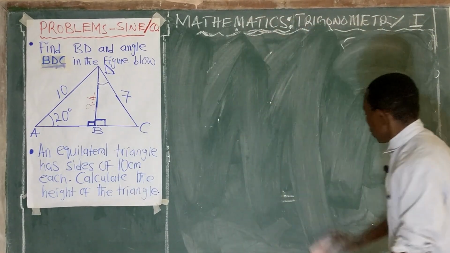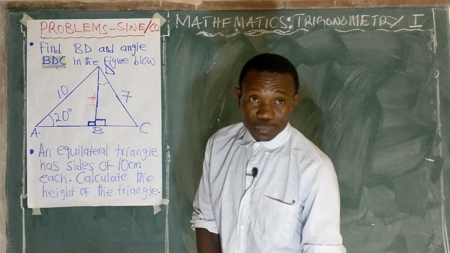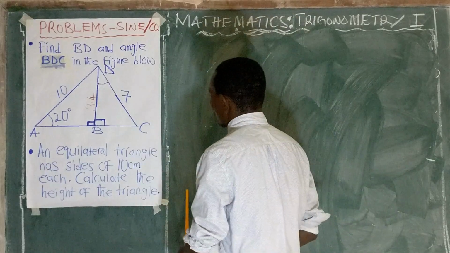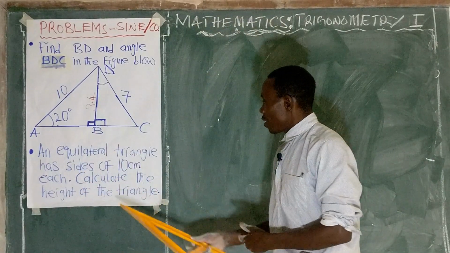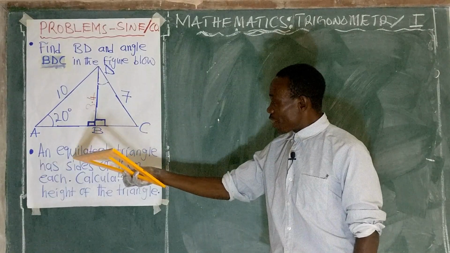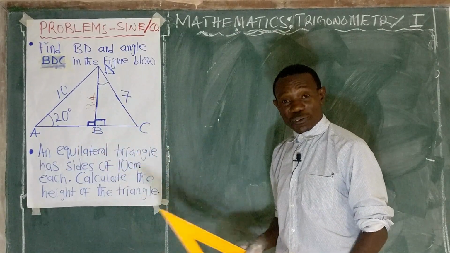We are given an equilateral triangle, right? So I'll draw a triangle, but first you have to understand that we have got different types of triangles. So the moment you are given this adjective to the triangle, ask yourself, what type of triangle is equilateral?